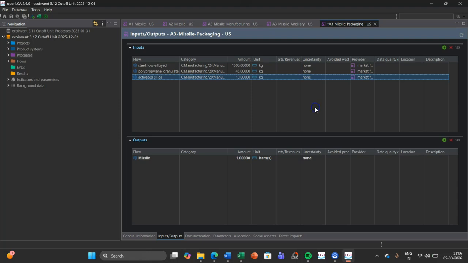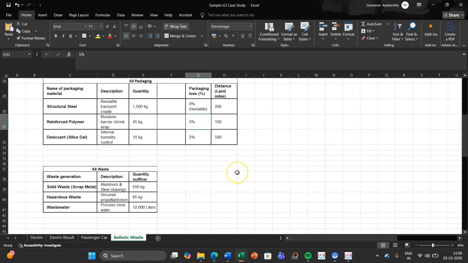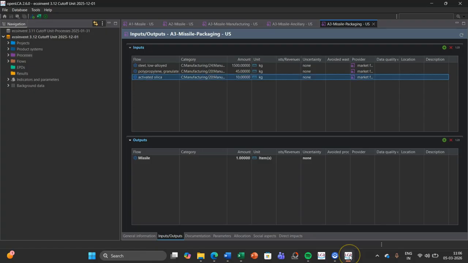Okay, nice. So for the packaging also, there would be some amount of waste generated. If you have the inventory for them, see, this is the thing, 5%, 2%, right? Accordingly, you use the waste of these inventory as waste in the output of the A3 packaging.